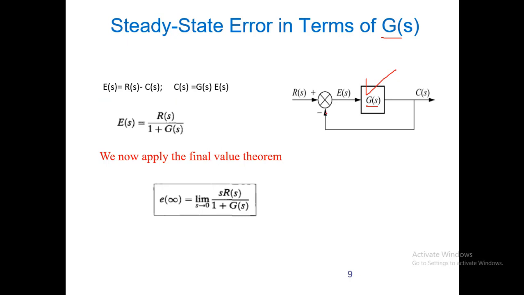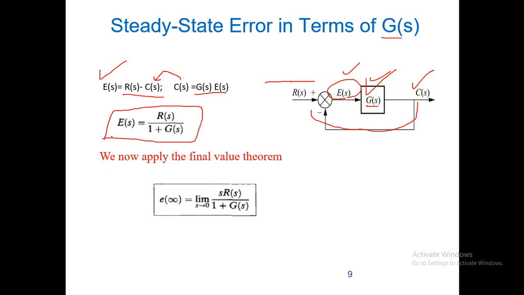So in a unity feedback system, E of s is the difference between R of s and C of s. So R of s minus C of s will give you the error signal, and C of s is nothing but G of s into E of s. This is mentioned over here. Now if you put the value of C of s into this term, you will get this equation as well.